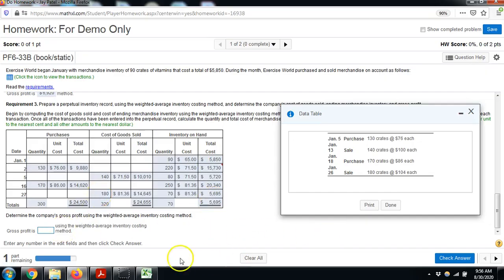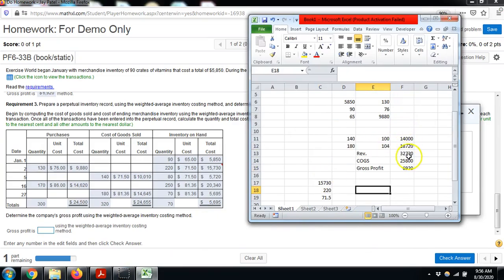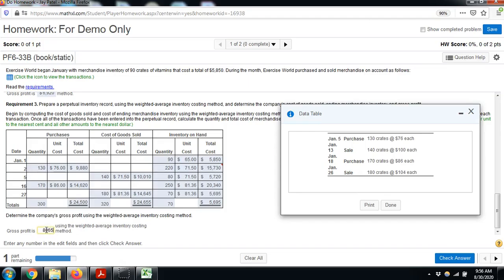So let's calculate our gross profit. So again, we'll go back to this section. Revenues, again, are unchanged, but now our cost of goods sold. So our gross profit is 8065.